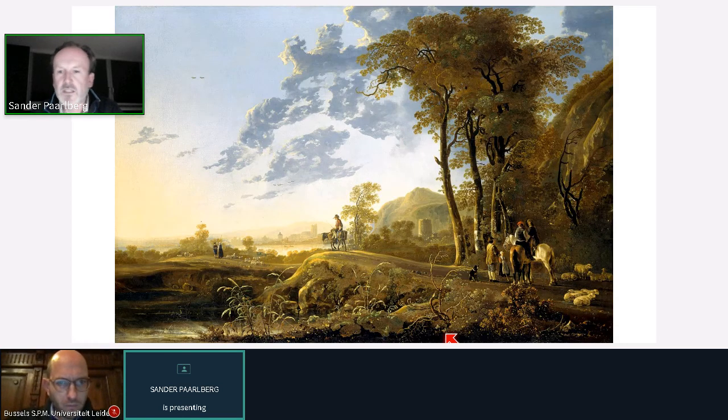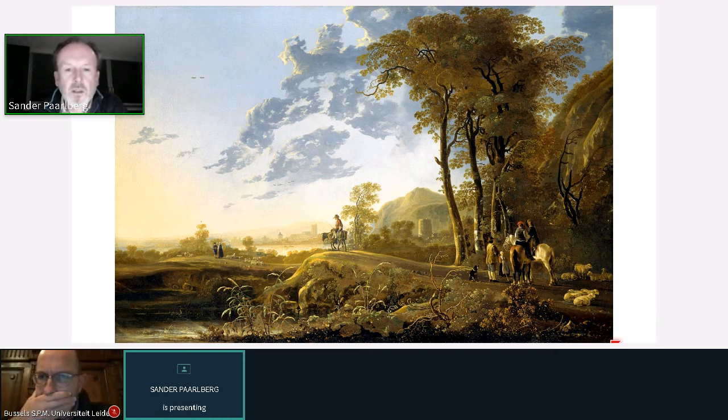Well, this is also one of the highlights in the exhibition, a painting that we will be able to show from the English Royal Collection, and it is a beautiful late example, and we would also like to give an idea of the collectors at the time.